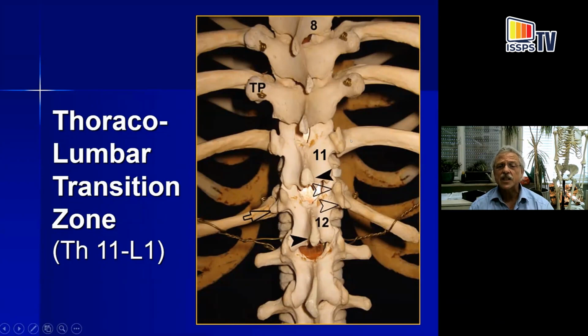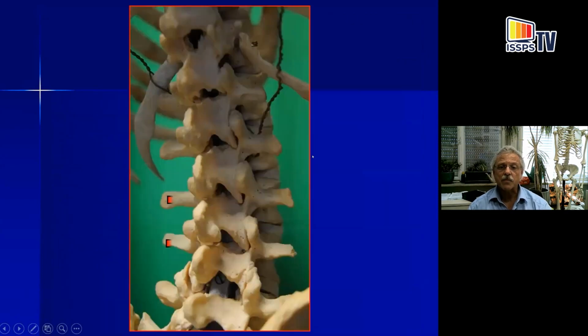I don't go into details because it's not for our access directly, but just to remind you that the transverse processes of TH11 and 12 are completely different to 10, 9, and above. So it's clear that the vertebra try to get similarities to the lumbar spine.